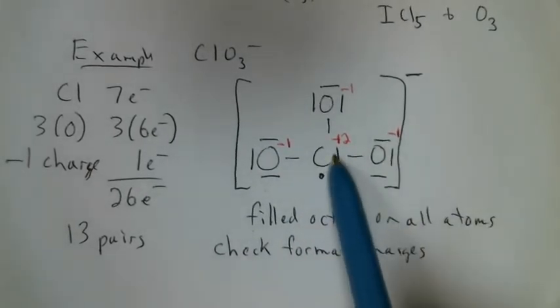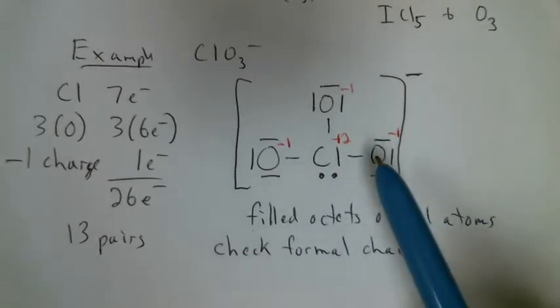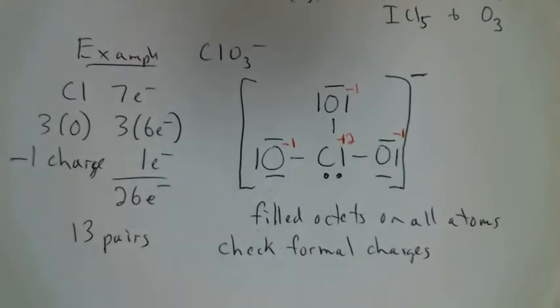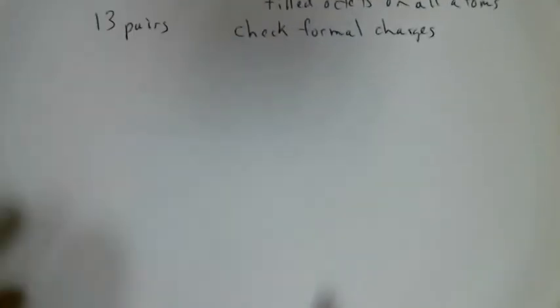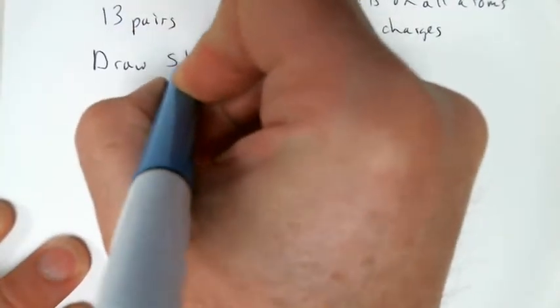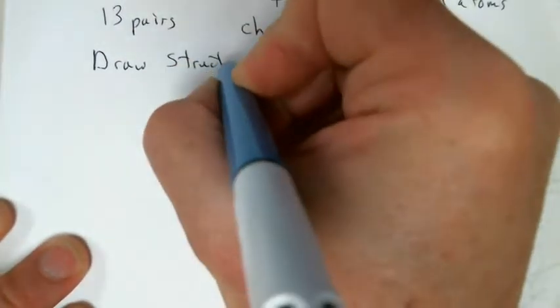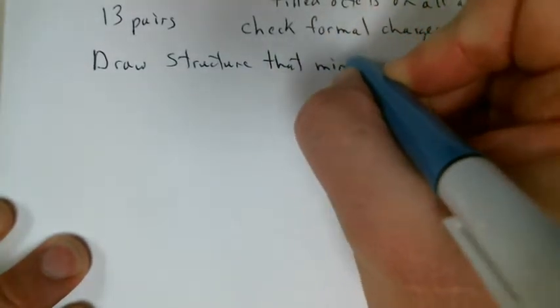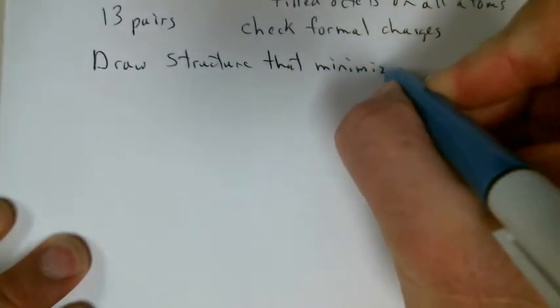This is not good in terms of formal charges. We want to minimize those. So let's draw a structure that minimizes formal charges. All right. So draw the structure that minimizes formal charges.